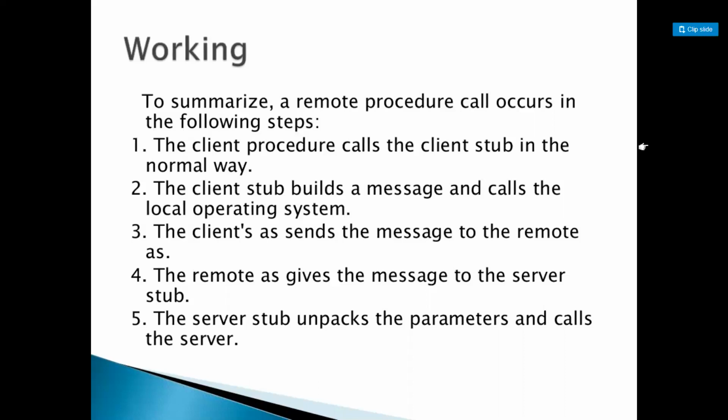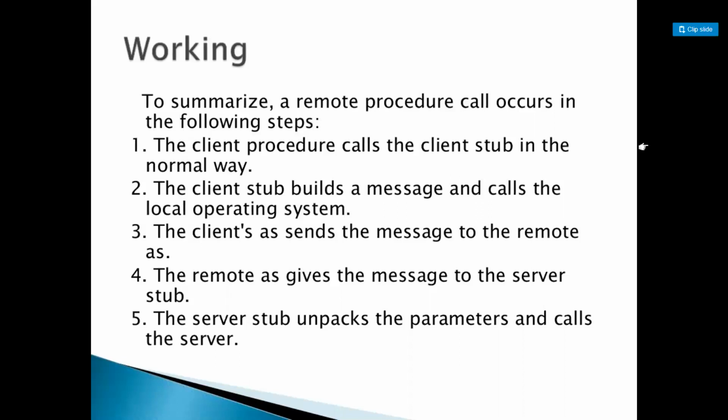The meaning of point 3 and point 4 is that whatever message the client sends will be received as it is by the receiver, even though they are using remote. The message finally reaches the server stub: client to client stub, client stub to local RPC runtime at the client machine, and from local RPC runtime to server runtime to server stub.